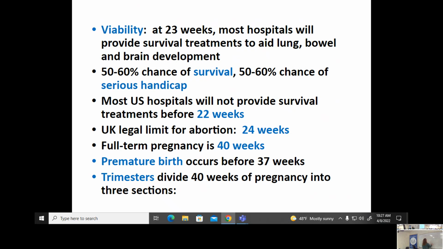I'm not lining this up very correctly with the bottom. Don't let that faze you. Trimesters are going to be in thirds. And then the second trimester is up until 27 weeks. And then the third trimester is 27 to 40, or however long the mom makes it before birth.